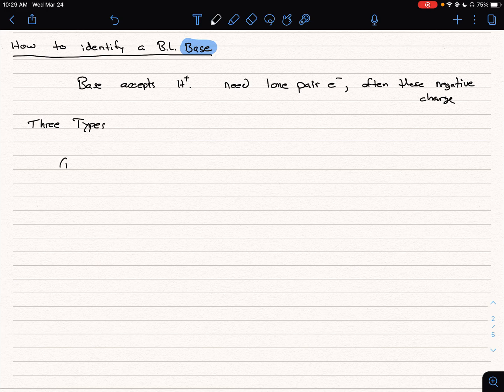All right. So the first one is a metal hydroxide. Okay, and hydroxide, if you recall, is this ion here. So here's hydroxide.